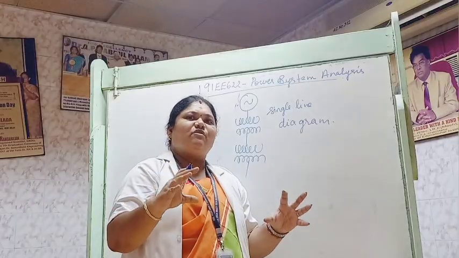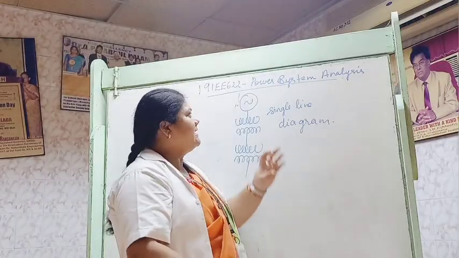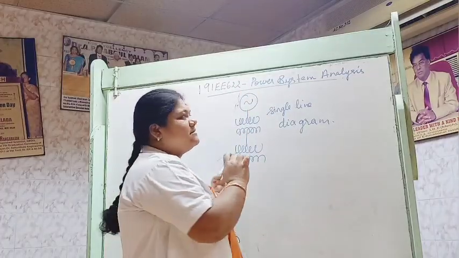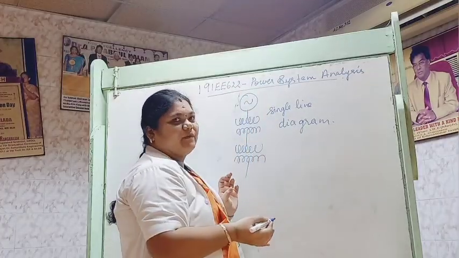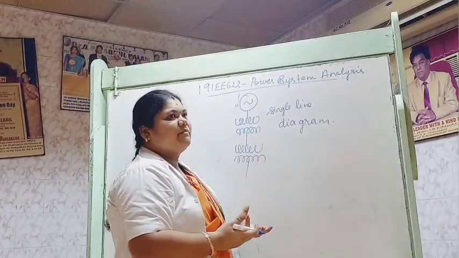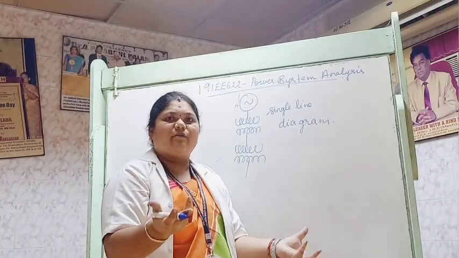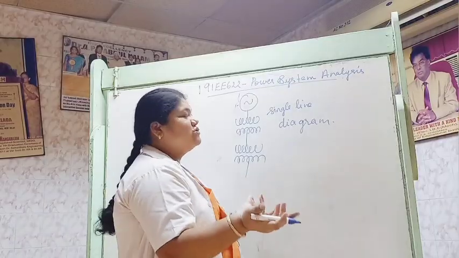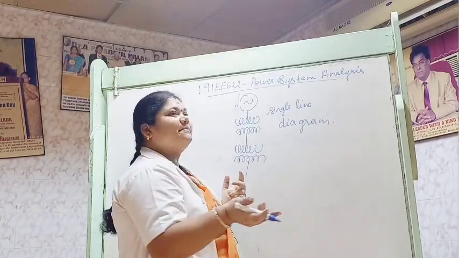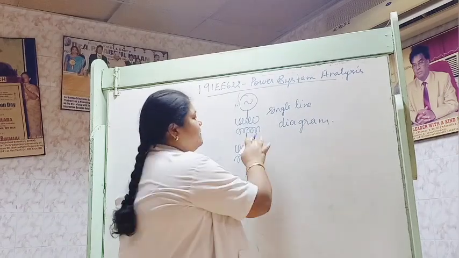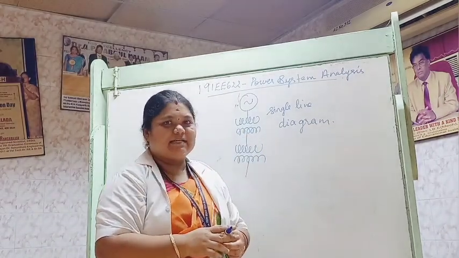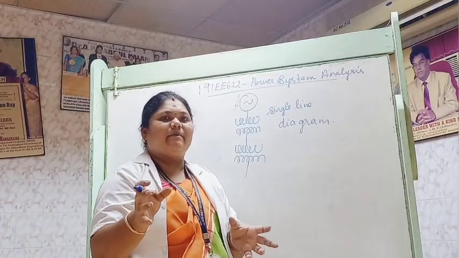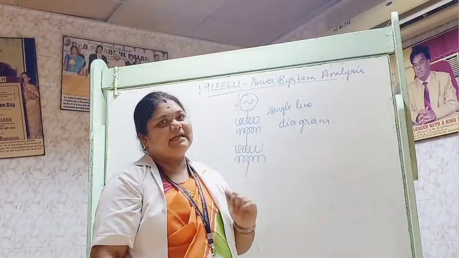So a generator can be represented like this. And an ideal transformer also cannot be drawn, so for the transformer we use this representation. Representing your electrical components this way is called a single line diagram.